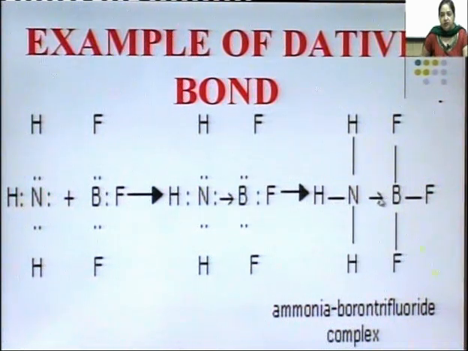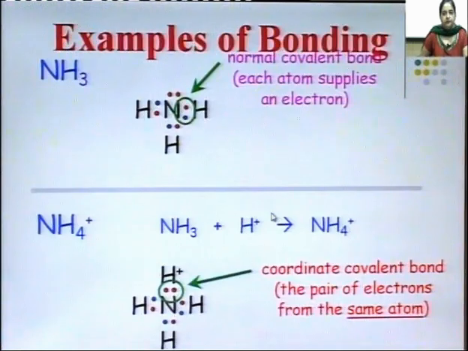This arrow shows the dative bond, so this bond is formed. In ammonia, this is a normal covalent bond, where each atom supplies an electron. But in the ammonium ion, it is a coordinate covalent bond, where the pair of electrons come from the same atom.